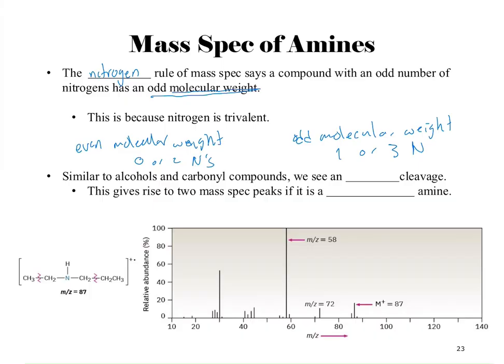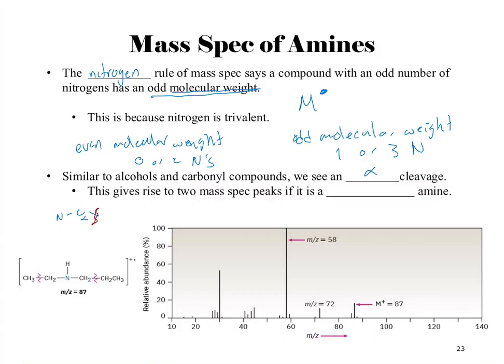So just by looking at the mass spec and looking at the molecular ion peak, we can determine this. As with alcohols and carbonyl compounds, we see an alpha cleavage with amines. So if we have an amine, this would be the alpha carbon, and we get cleavage between the alpha carbon and whatever else is there.